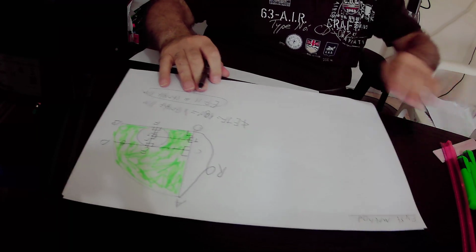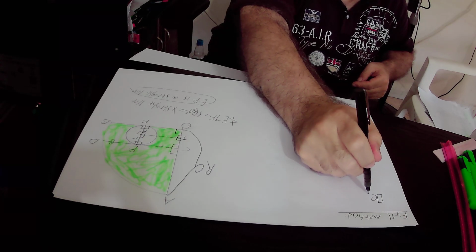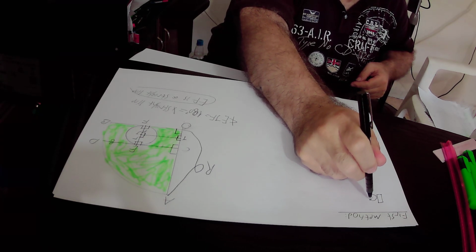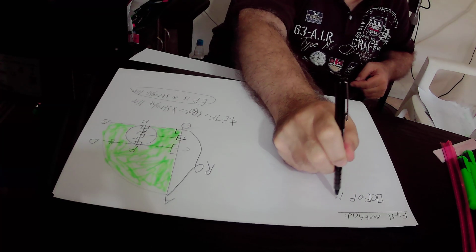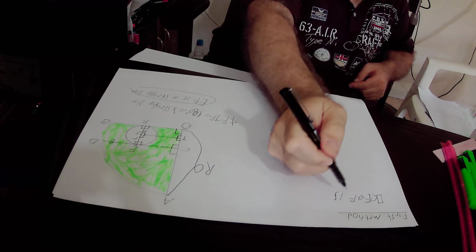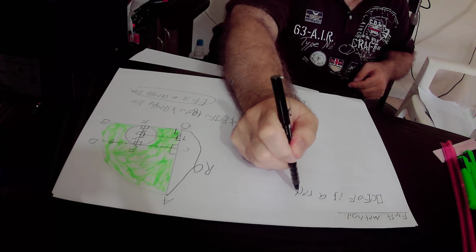I write it down here. Quadrilateral CEOF is a rectangle. Why? Because it has 4 right angles.